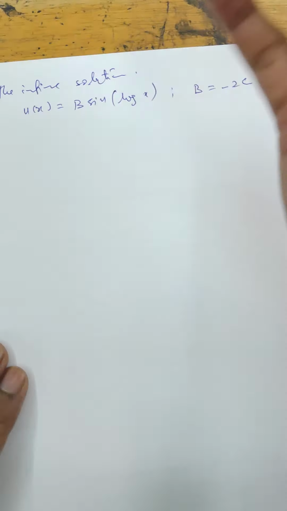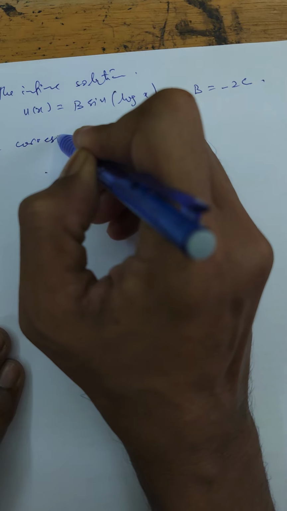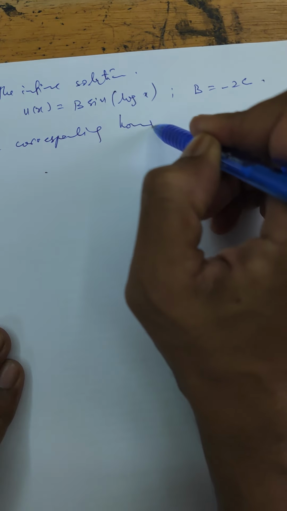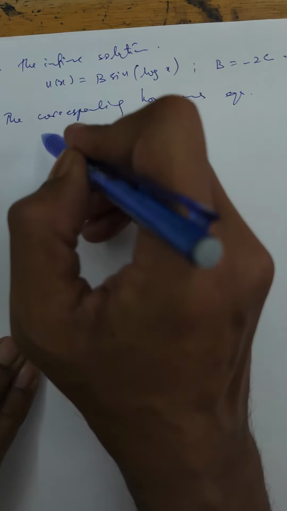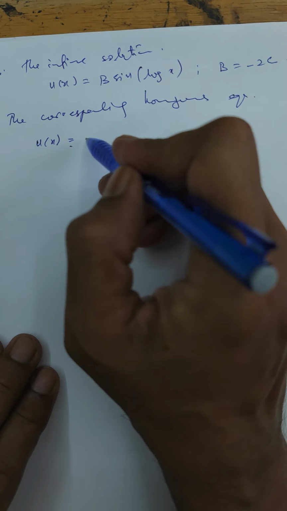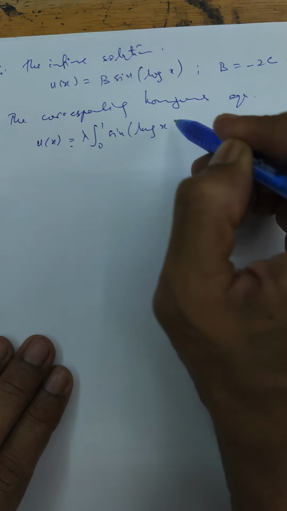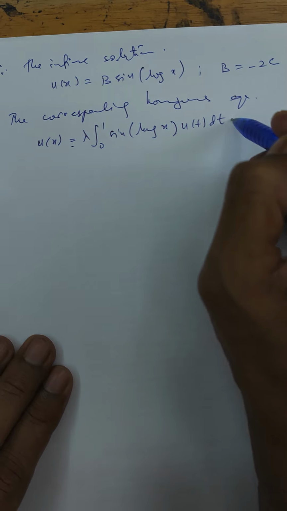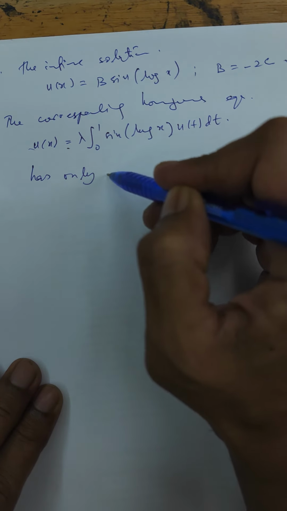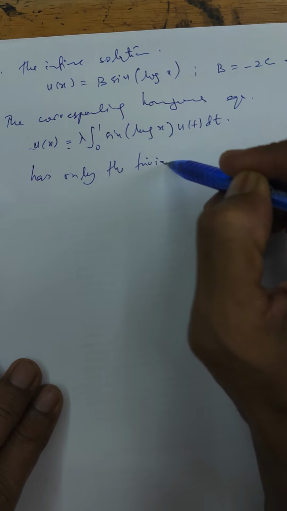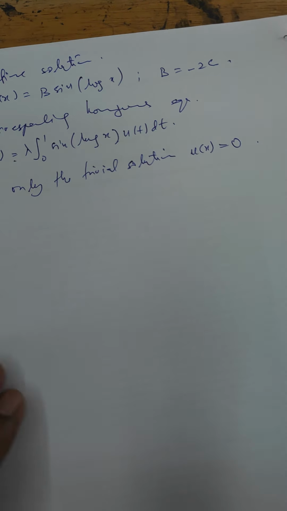And the corresponding homogeneous equation for our original problem, we have u(x) equal to lambda times the integral from 0 to 1 of sine log x u(t) dt, has only the trivial solution, that is u(x) equal to 0.